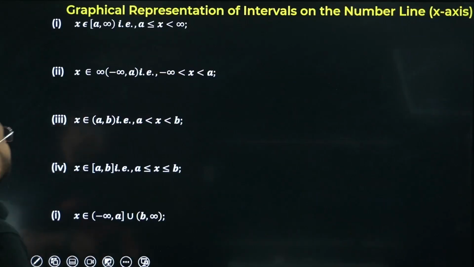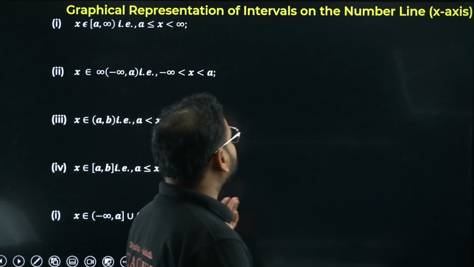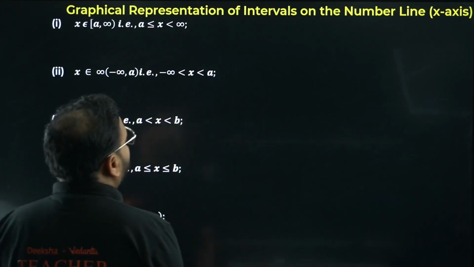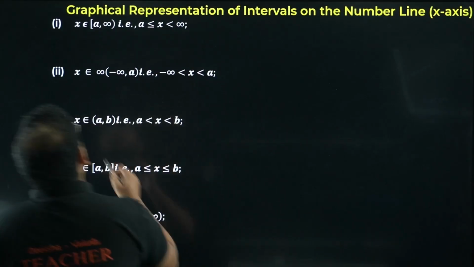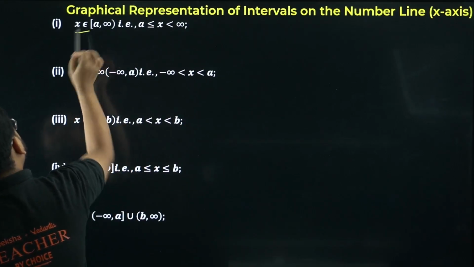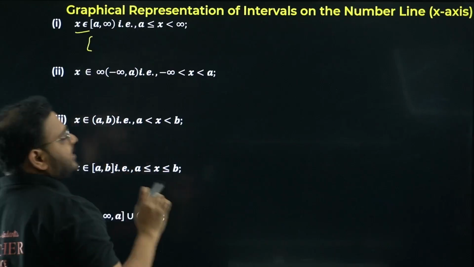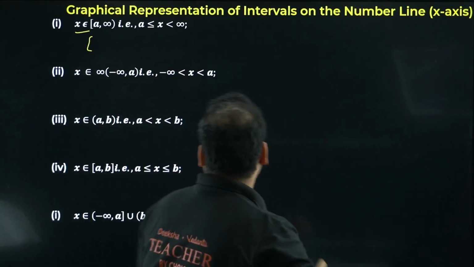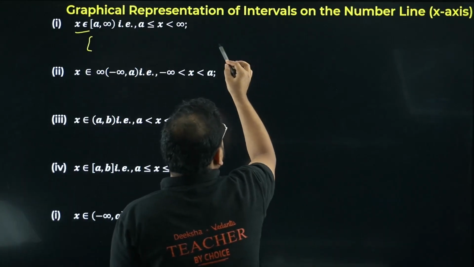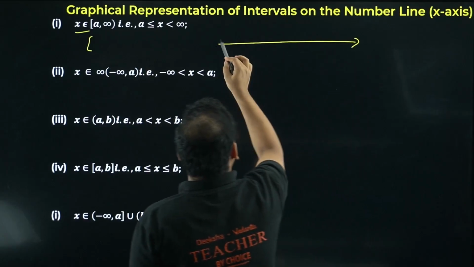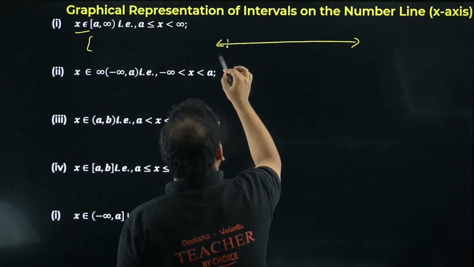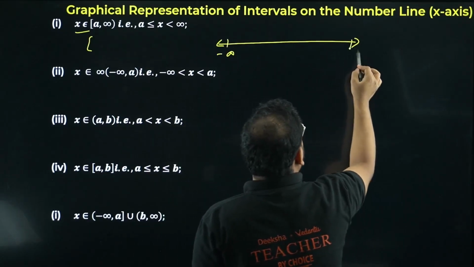Now we have the graphical representation of intervals on the number line, again for the x-axis. So x belongs to the closed interval from a up to infinity. The close bracket means including a. How do you write it? You take a number line again, with negative infinity on one side and positive infinity on the other.